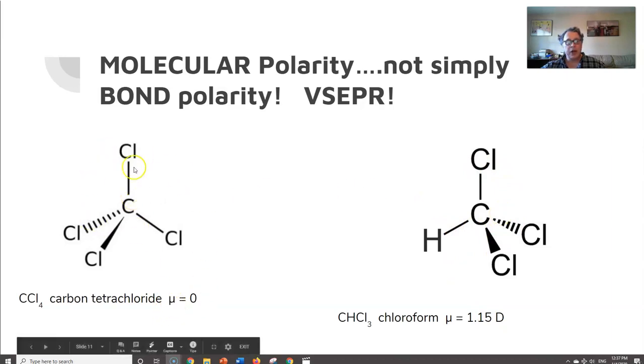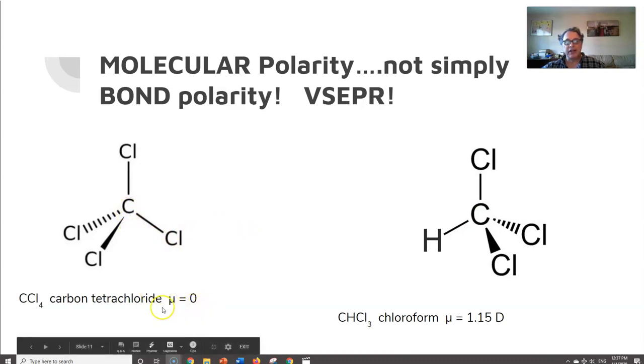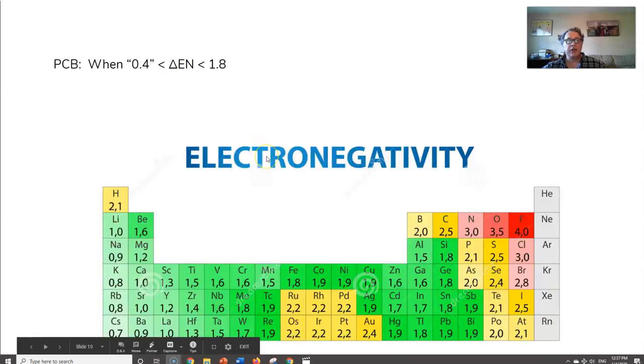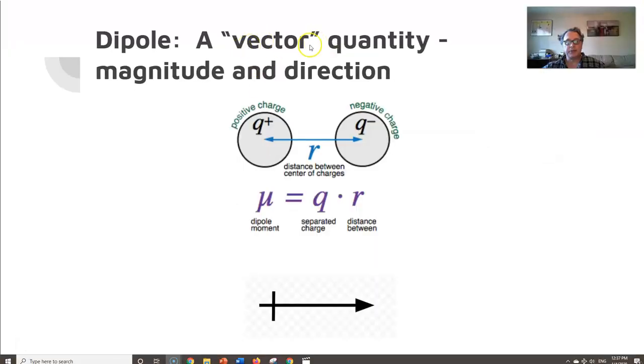No dipole moment, non-polar molecule. Dipole moment, polar molecule. Well, how is this possible, you might ask, right? Because carbon tetrachloride has 4 carbon-chlorine polar covalent bonds, and chloroform only has 3. You would think that the molecule with more polar covalent bonds would be more polar, but in fact it's less polar. In fact, it's non-polar. How is this possible? You have to remember that dipoles are vectors.